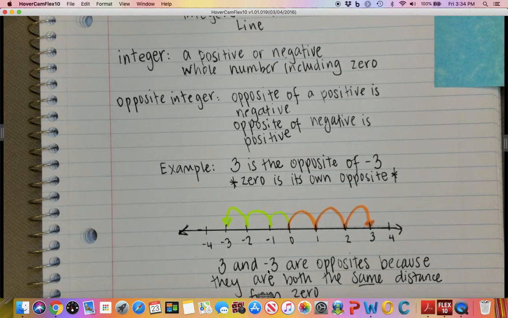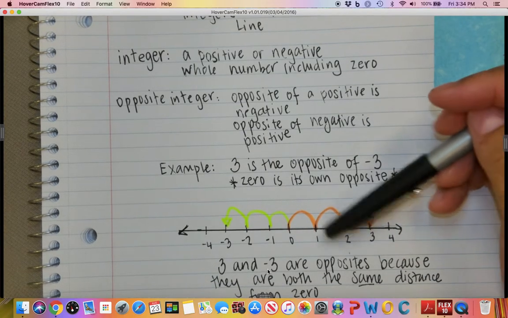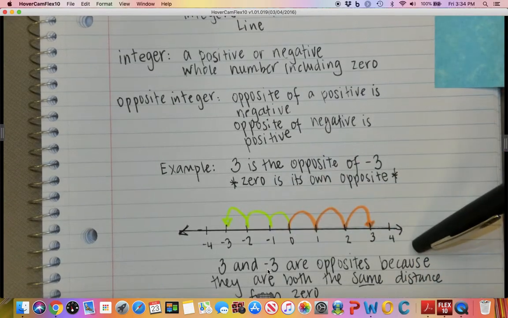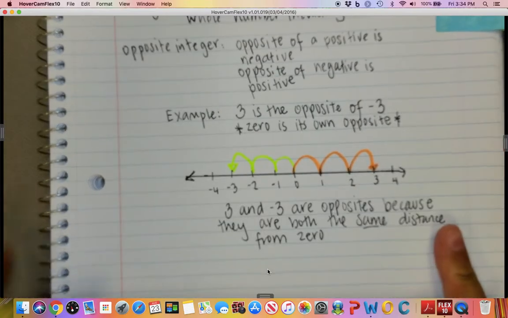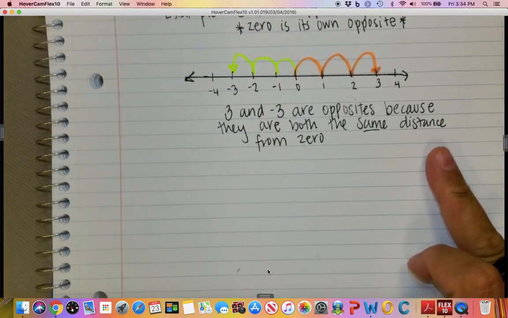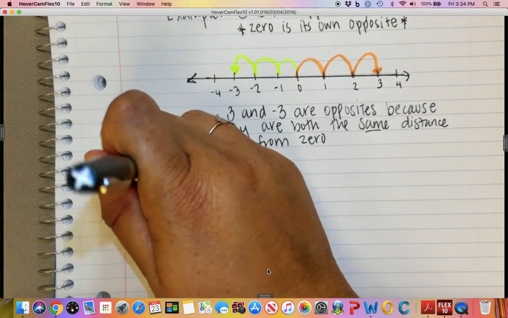So that's where we're going to start. Integers and opposite integers. And the numbers that we talk about here on our number line are positive and negative numbers. So we're going to talk a little bit about the characteristics of positive numbers and the characteristics of negative numbers.